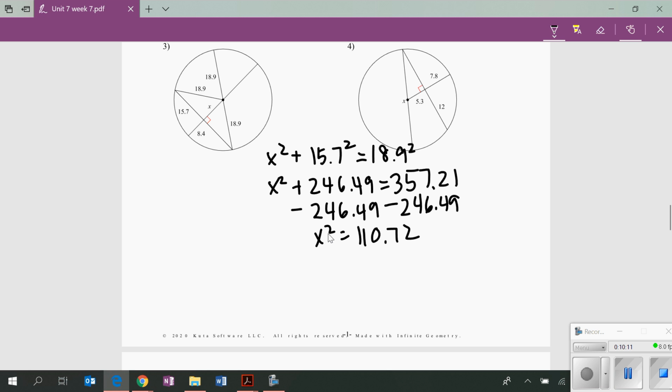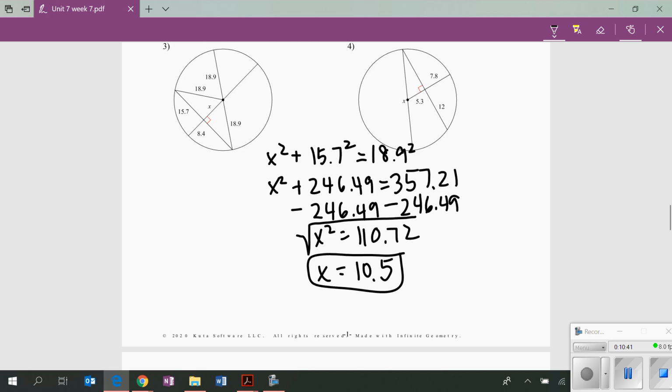Now we're at this point where I need to solve for just x, but I've got an exponent on it, which means the opposite is a square root. Okay, so I need to take the square root of 110.72 and find out that x then equals 10.5. And here I'm rounding to my nearest tenth now. Okay.